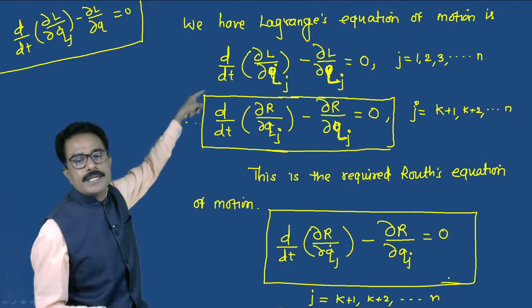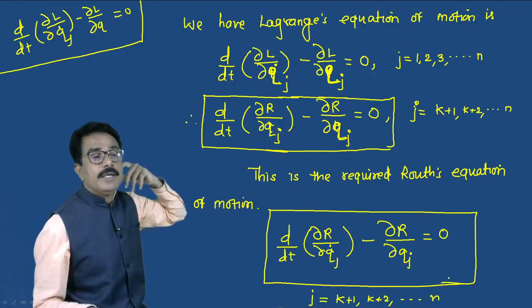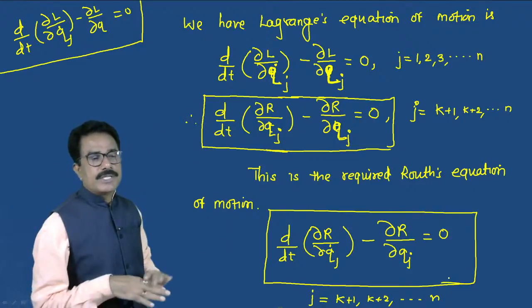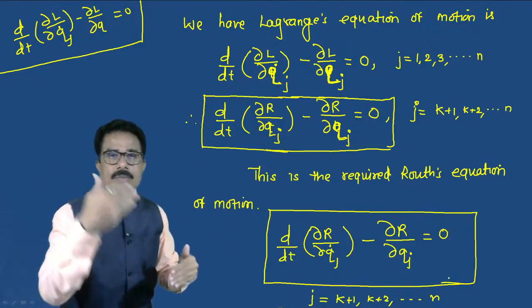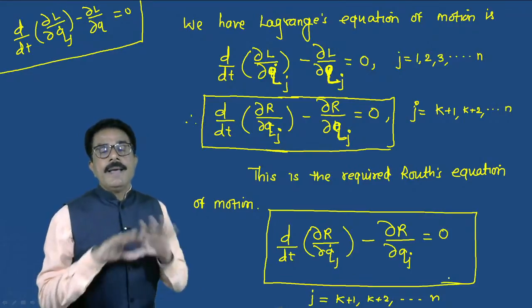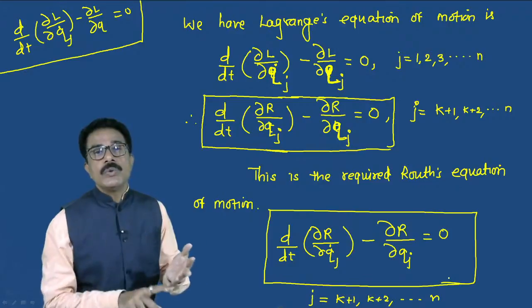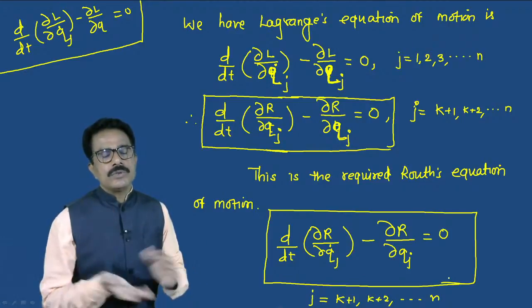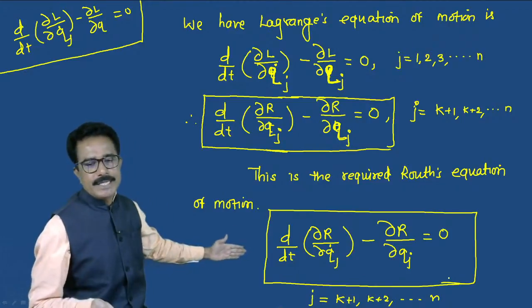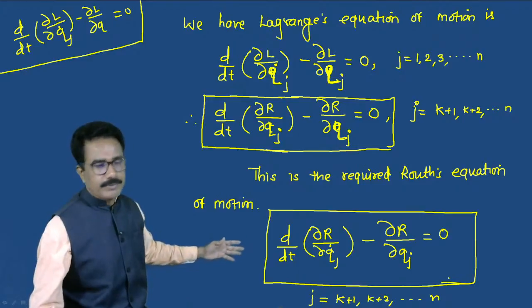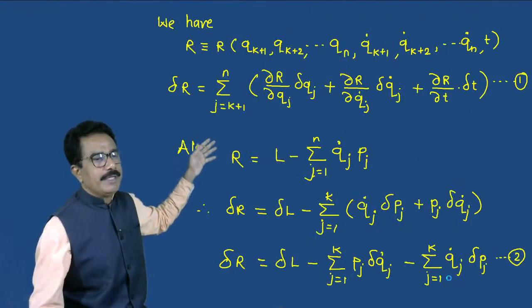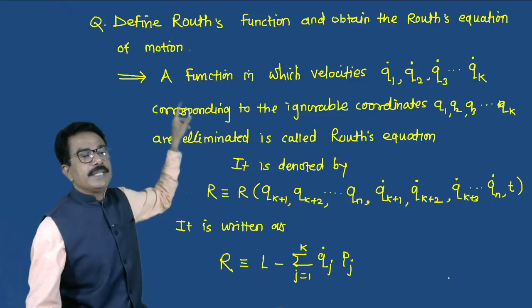This is the Lagrange's equation of motion. We can obtain Routh's equation of motion from Lagrange's equation of motion by eliminating cyclic coordinates q1 to qk, q1 dot to qk dot. So we will get the required equation of motion. This is very important.